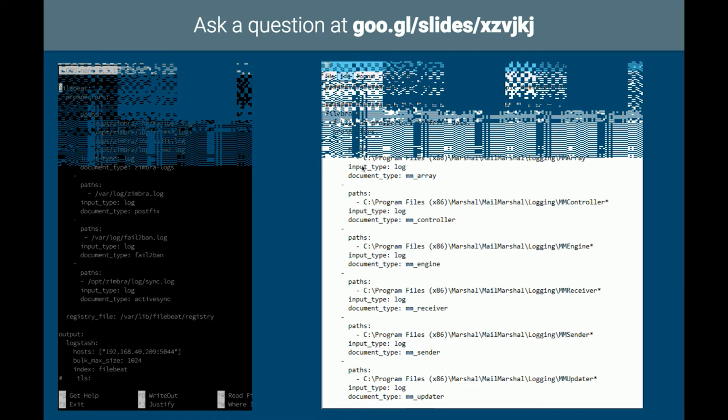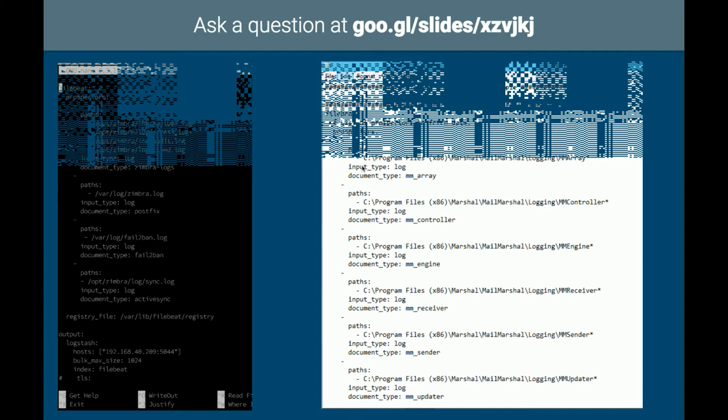On the right-hand side, we have a little bit more of the Windows version. So we're looking at, in this case, MailMarshal, the product that we use for our email filtering and archiving. The other part that's important to note on here is we use this tag on their document type. And that allows us to give us some meaning for the text that's going to come in later.